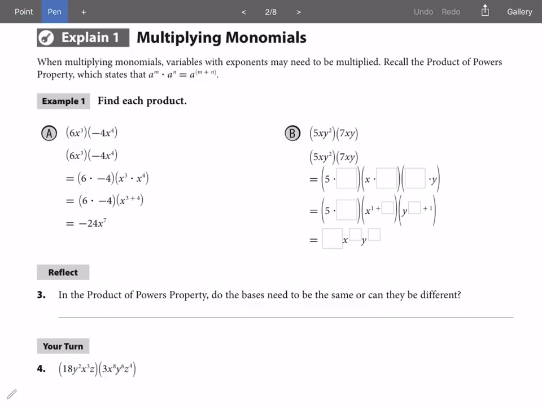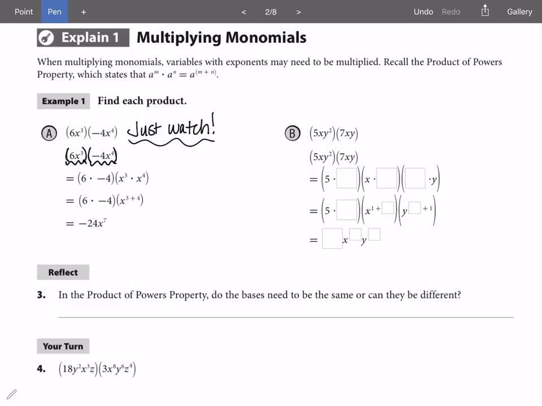Okay? And so if we look at, again, I want you guys to just watch here for a. If we look at 6x cubed and negative 4x to the fourth, we know that these parentheses mean that we're going to multiply.